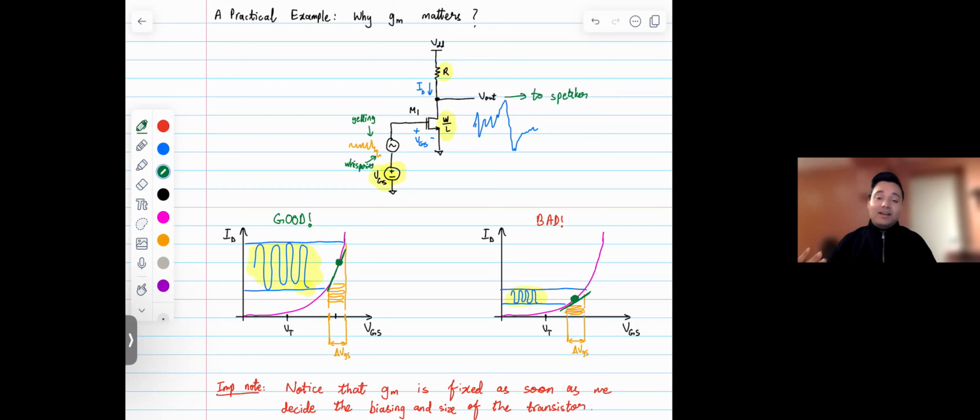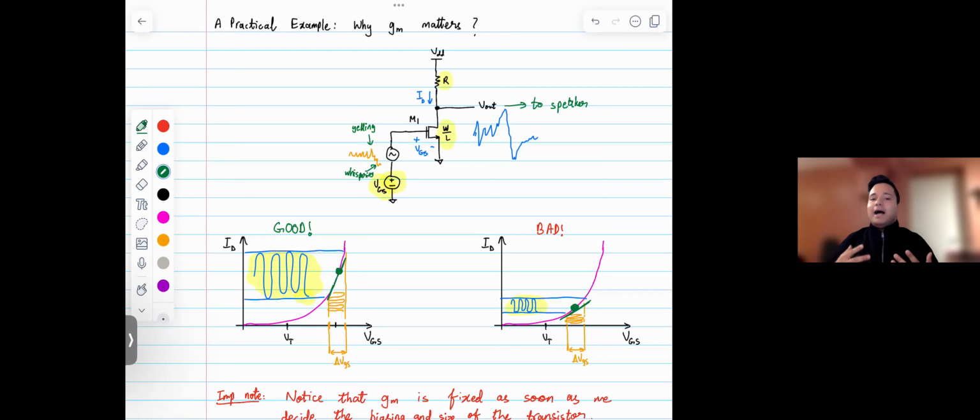Now, that being said, two points here. One is that in real life, it's not as simple as just sending a microphone signal into a common source. Next time you go to a Taylor Swift concert, it's not like she has a microphone and then it goes right to a common source amplifier, and then some guy is setting the GM and it comes out of the speaker. It doesn't work that way, right? In reality, it's much more complex. The world of audio electronics is a complex world, and it's a very interesting world.